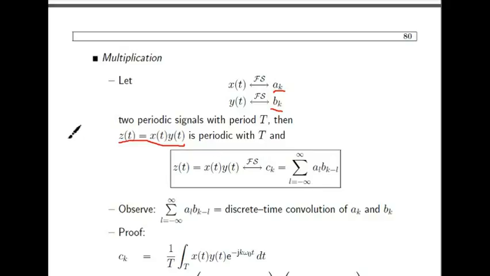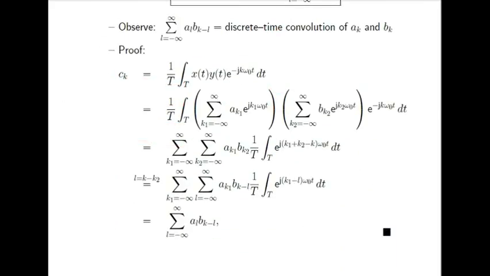So this is the convolution summation l equals minus infinity to infinity a_l b of k minus l. It is the discrete time convolution, which is the convolution sum.